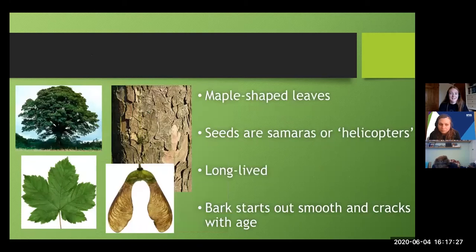Okay, any guesses for this one? You have a look at the leaf. Looks like a flag of some kind. No? Sycamore? Yeah, it's a sycamore.